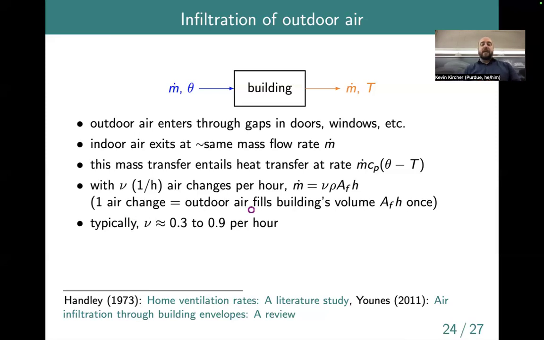So, okay, where does this come from? With the air change rate, rho here is the density of air, and then the floor area times the height is just the volume of the space. So rho times the volume gives you the total mass of air. And then this nu here has units of 1 over time. So when you multiply that per hour times the mass, you get basically mass flow per hour.